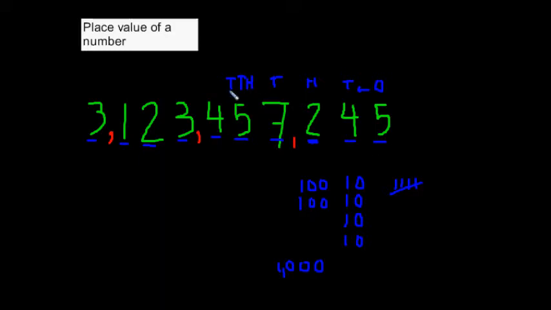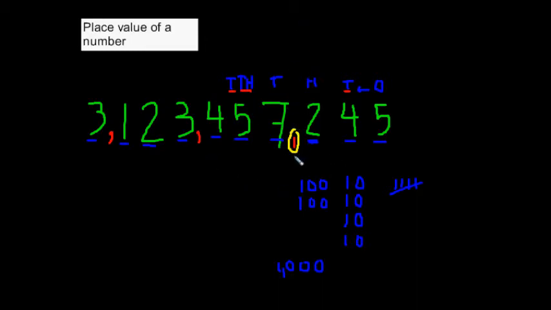This T means 10, like the tens here, and thousand means the place value that we have here. After this comma, all the numbers are in the thousand place value.